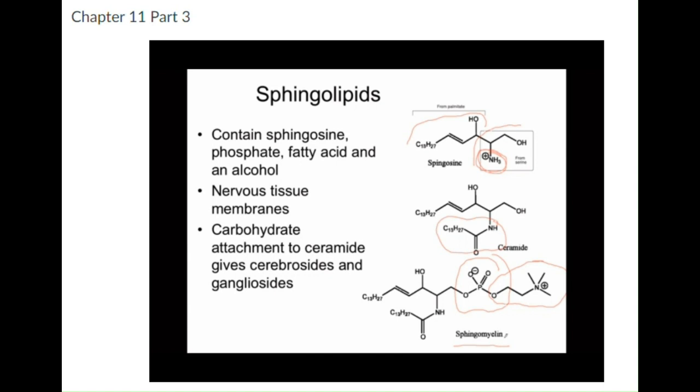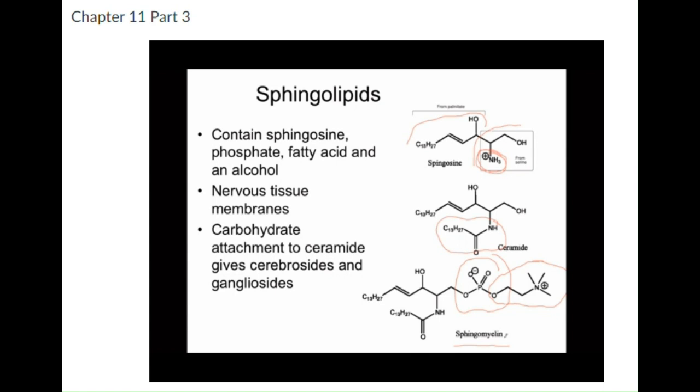It's found in other cells as well, but really the highest concentration is found in the membrane of nerve cells. So sphingolipids are used in pretty much all membranes, but obviously certain of them end up enriched in certain membranes.